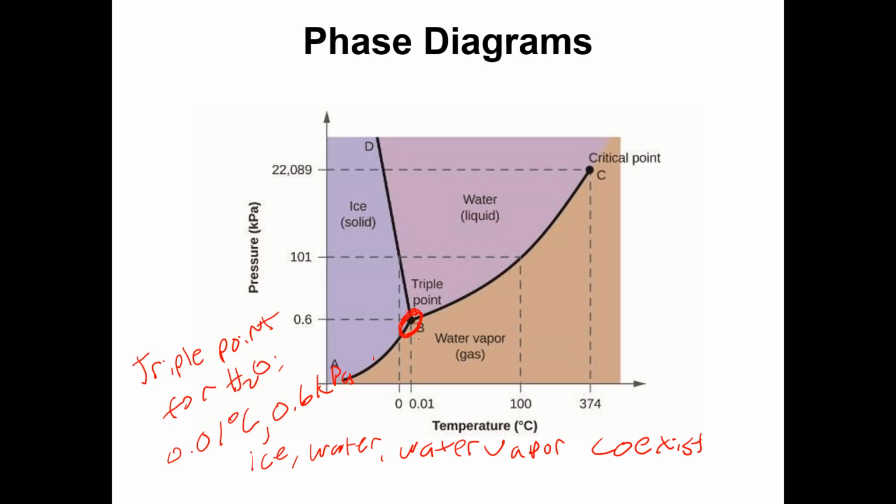Now this point is going to be different for different substances. But whatever the specific pressure and temperature is for the triple point for that substance, if you change the pressure or the temperature just slightly, then what you will do is force all the substance into the solid or the liquid or the gas state, because now you are no longer at the exact pressure and temperature needed for those three phases to coexist.